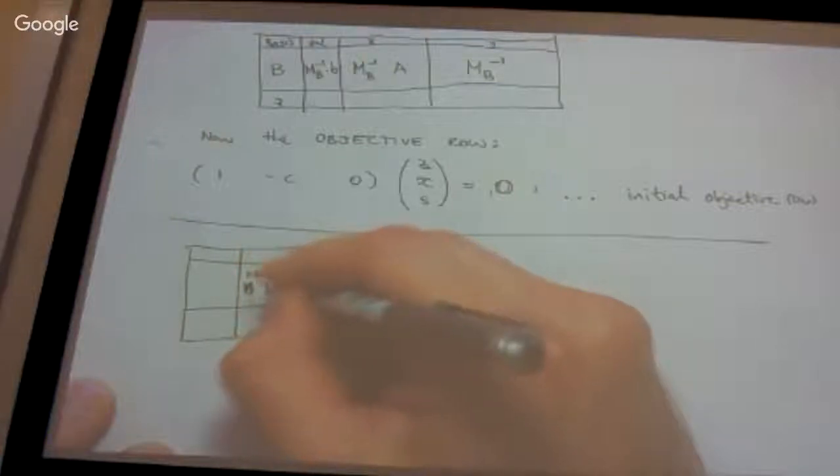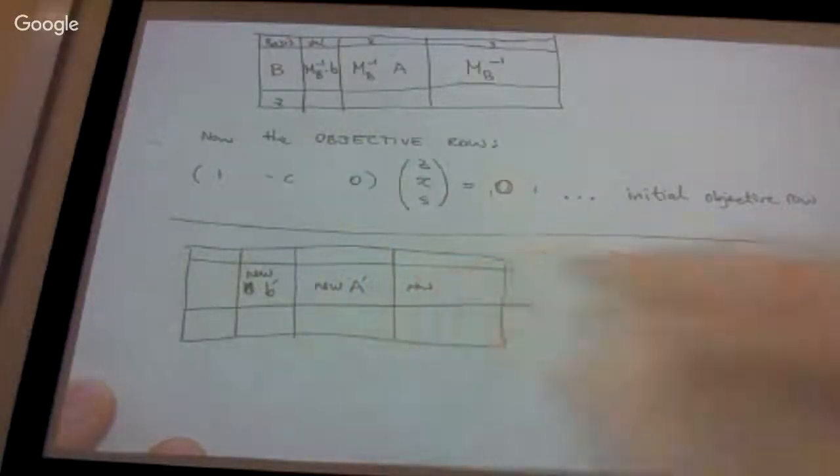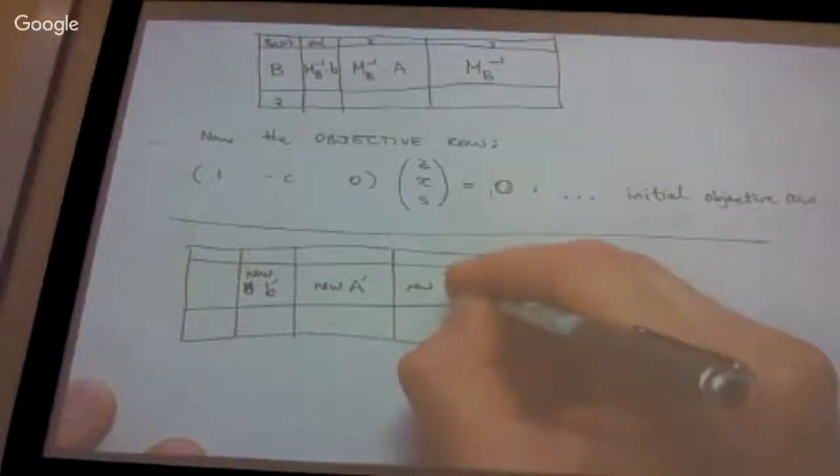Okay, so I have something here, which is the new B. There is the new A after pivoting, so let's call it A dash. And there's the new identity, well, whatever, new something dash.